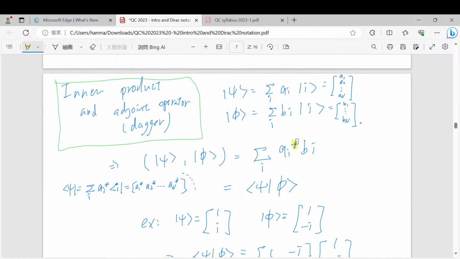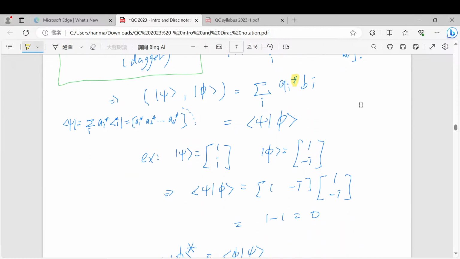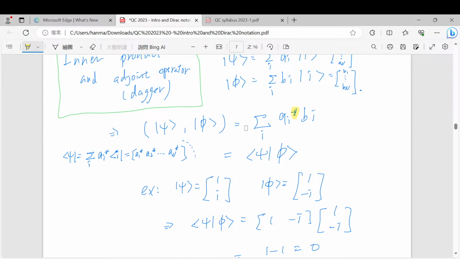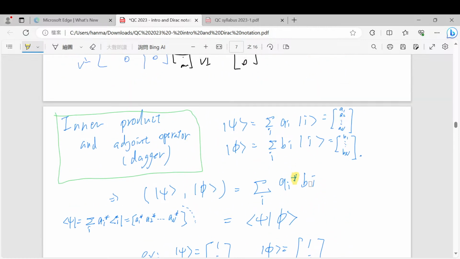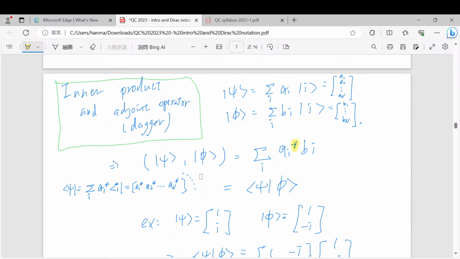It's important that you have a star here. We want to do this because we want the inner product of a vector with itself to always be positive, and that's why we need a star here. Now you see why we want to define the bra operator as the dagger of the ket operator.